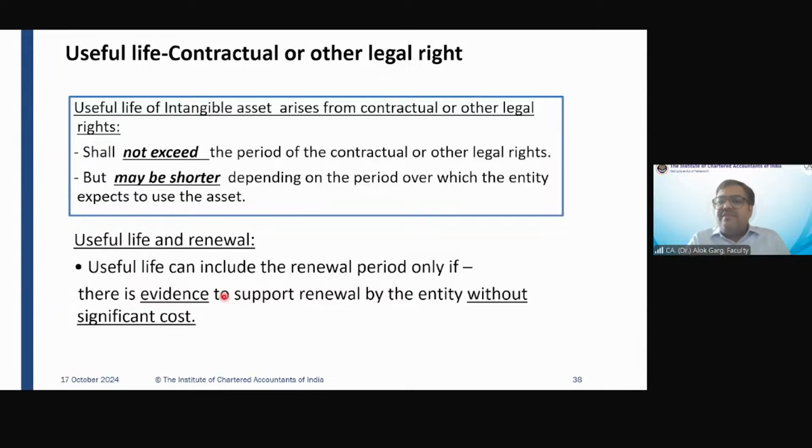So the difference has gone to the goodwill. Now, how to determine the life of the goodwill? Whether goodwill has a certain life? That goodwill does not have a certain life, so the life of the goodwill needs to be estimated, right?